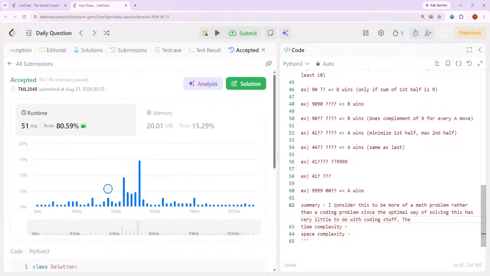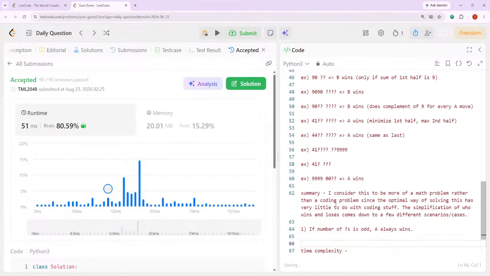The simplification of who wins and loses comes down to a few different scenarios, like cases. If the number of question marks is odd, Alice always wins.